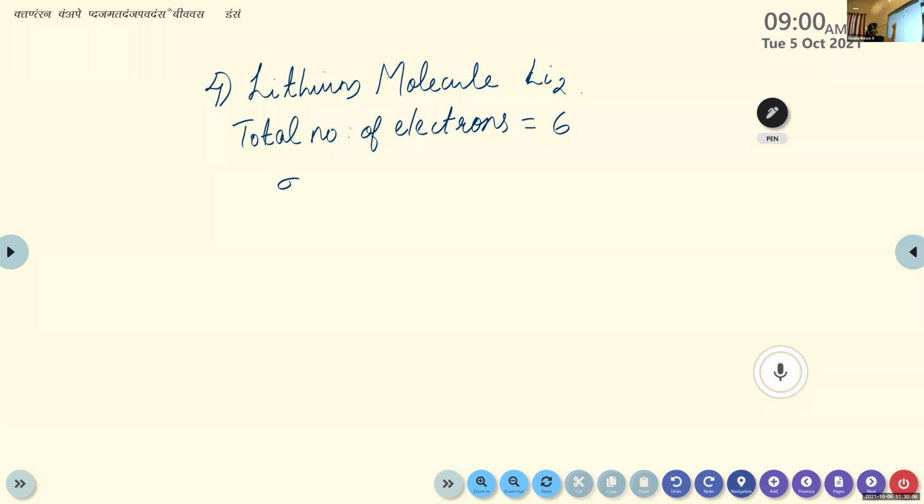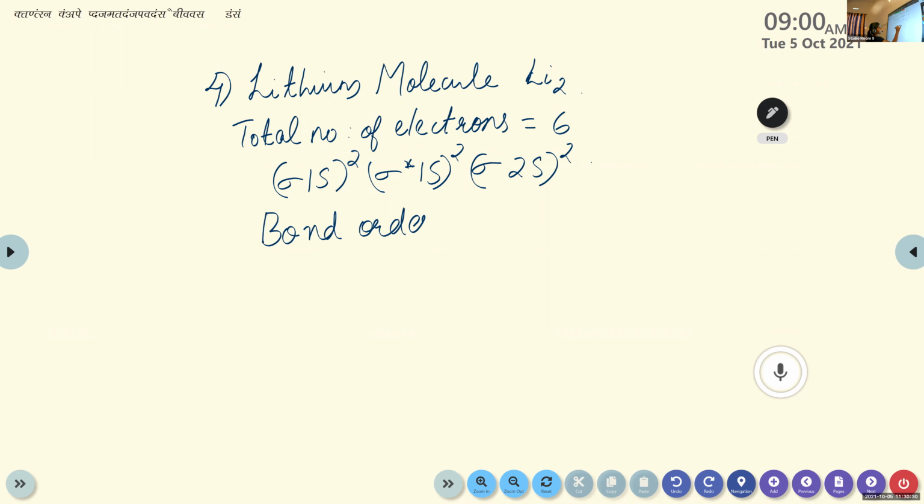Sigma 1s2, sigma star 1s2, sigma 2s2. Next, we can find out the bond order. The equation is half into Nb minus Na.